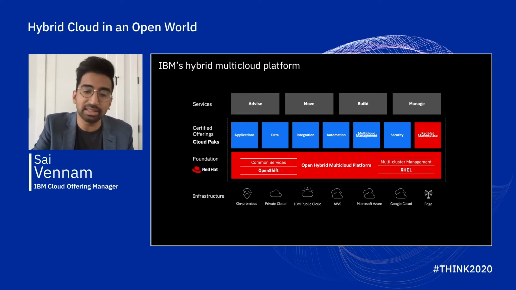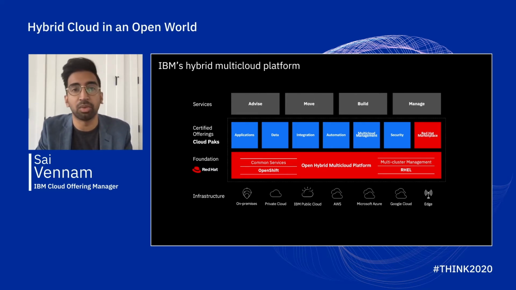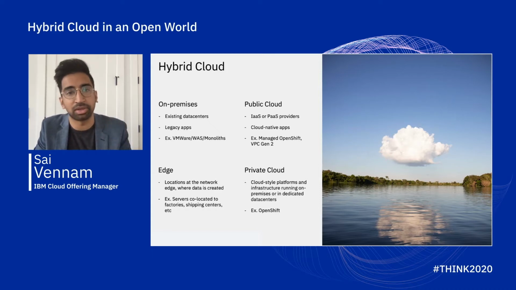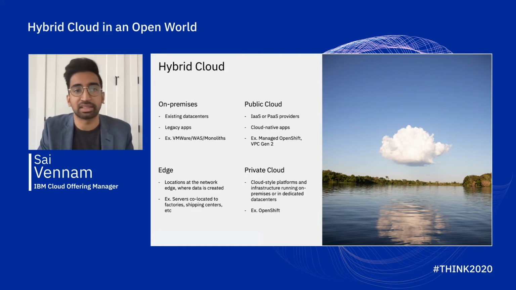But let's take a step back and talk about what a traditional hybrid cloud was considered to be, right? So these are the fundamental capabilities of a hybrid cloud, and that's going to be locations from multiple different vendors. That's on-premises, public cloud, and edge environments. Now, in a traditional hybrid cloud, if someone were to come to you 5 years ago and say, how would you approach hybrid cloud?